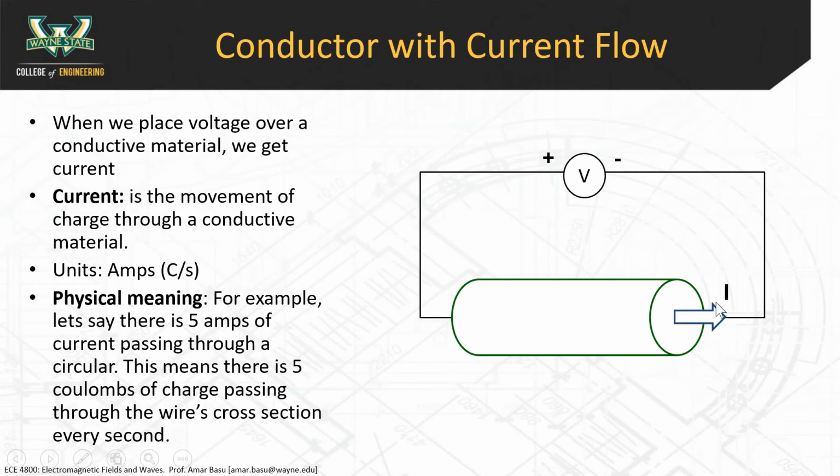Why is it going from left to right? Well, the voltage source is positive here and negative here, so this is your positive end and this is your negative end. So in a resistive material, your electric field is in this direction, and that causes charges to move. We'll go over that in a second.